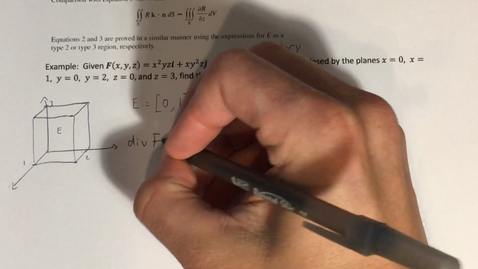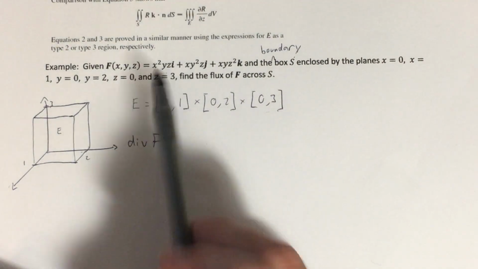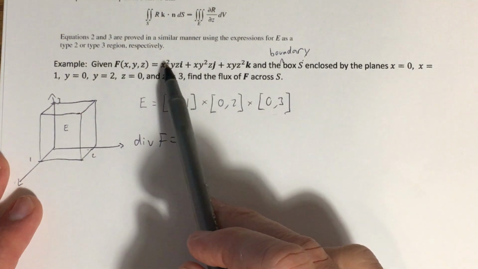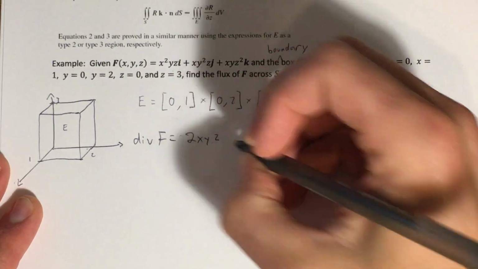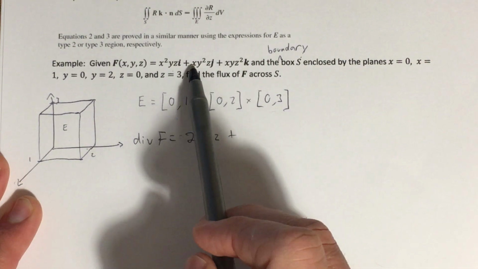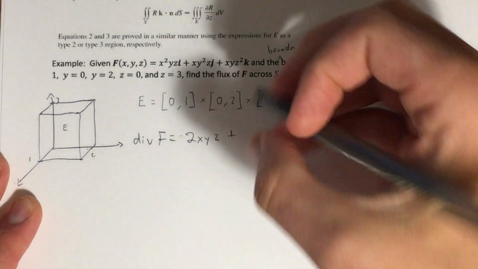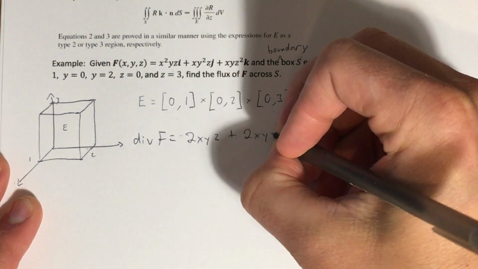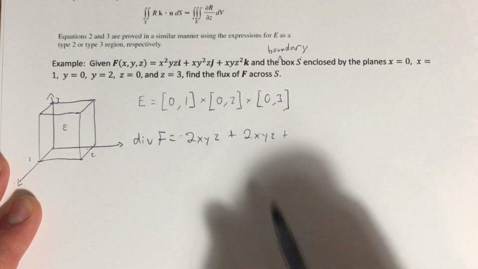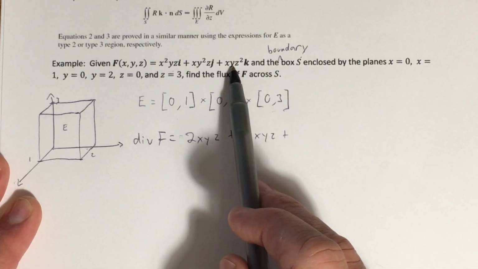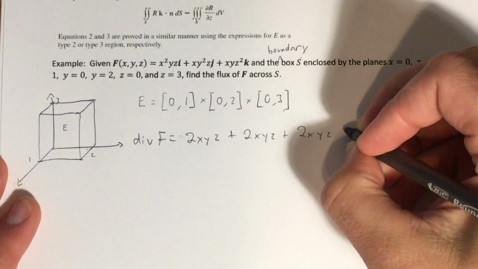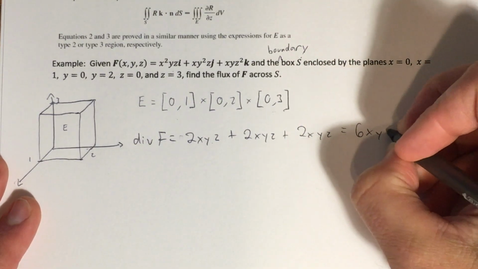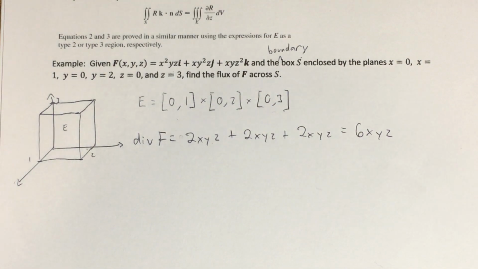Looking at how I defined F up here, the partial with respect to x would be 2xyz, plus the partial of the j component with respect to y would be 2xyz again, and then notice 2xyz here as well when I take the partial with respect to z. So that gives me 6xyz for my divergence.